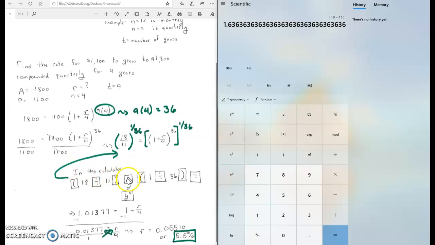You'll either have this caret key here, or you'll have an XY or a YX button. This calculator has a YX key. You hit the YX key. You'll hit your parentheses, 1, divide key, 36, close parentheses, and hit equals.